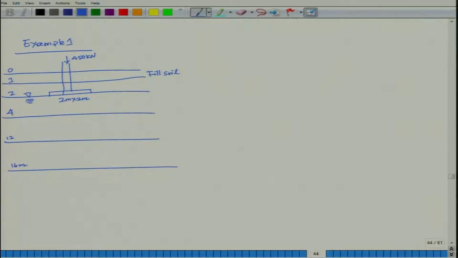Between 1 to 4 meter, this is soil 1 having grey silt clay, gamma is equal to 18 kilonewton per meter cube, Cu is equal to 40 kilonewton per meter square, Cc by 1 plus e0 is equal to 0.05.